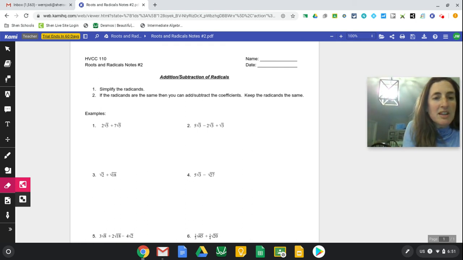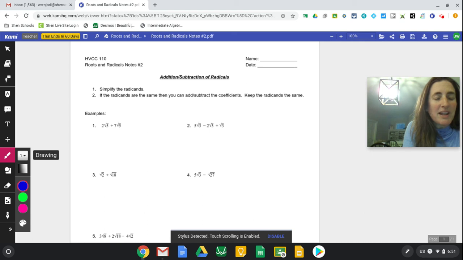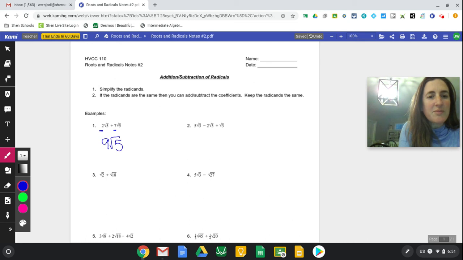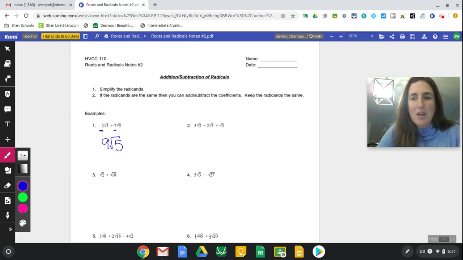So I'm going to take this 2, oops, I need my pen, not the eraser. This 2 and this 7, add them together because that says plus on there, and that gives me 9 radical 5. So I don't change the radicand. The radicands were the same, so I could add them together. Piece of cake. Let's look at the next one.